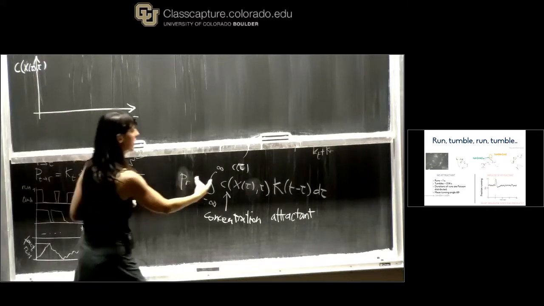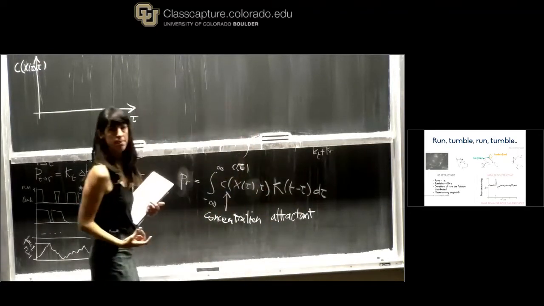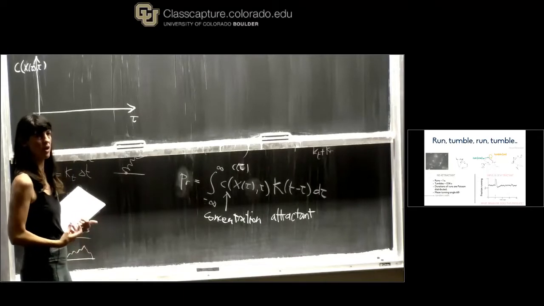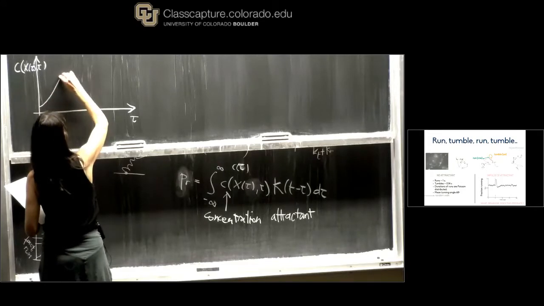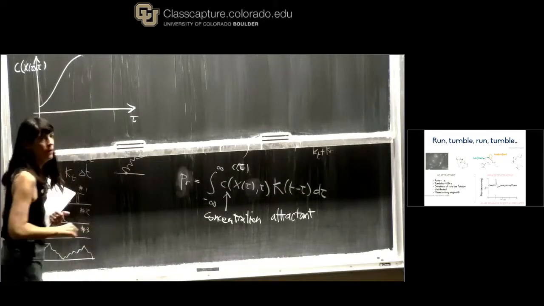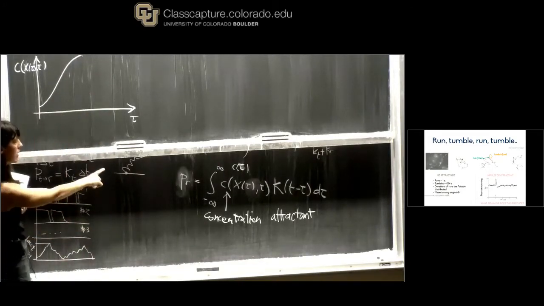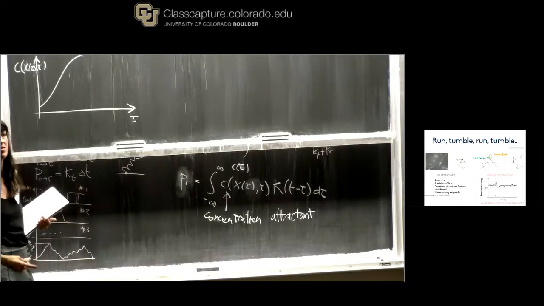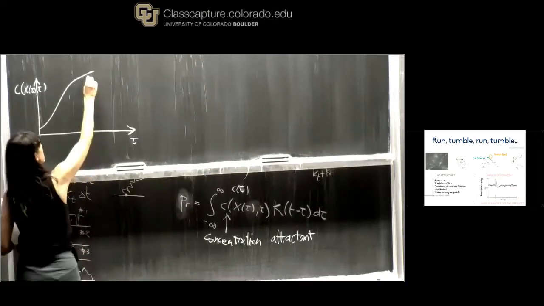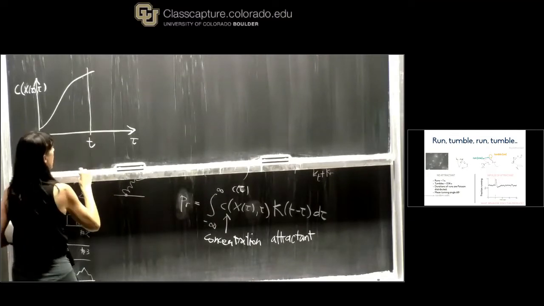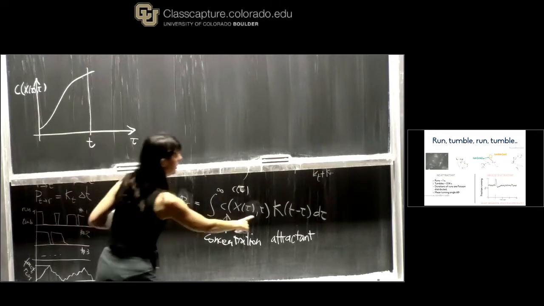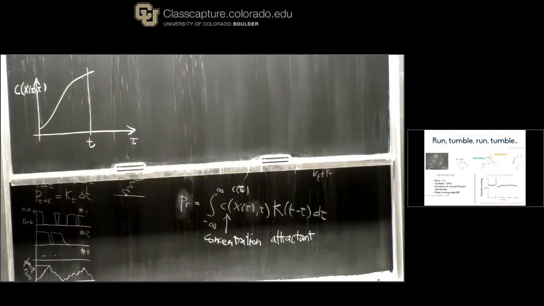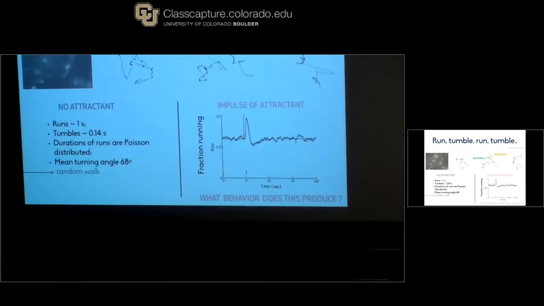I'm integrating in d tau, so I need to see what the concentration is as a function of time tau. Let's say that the concentration increases. To calculate the response, so the fraction of cells that are running at time t, I have to do the integral of this c times k, which is this curve here. But calculated where?